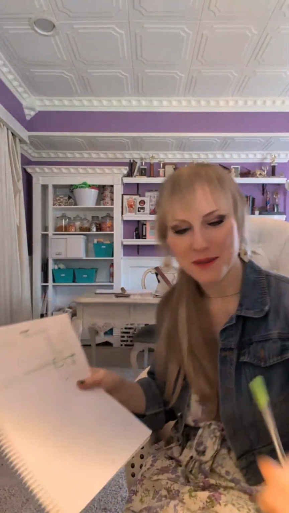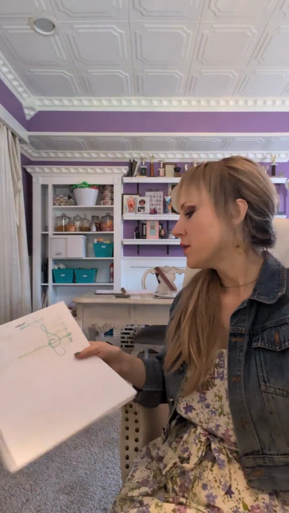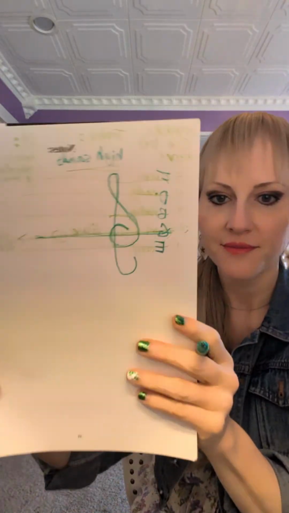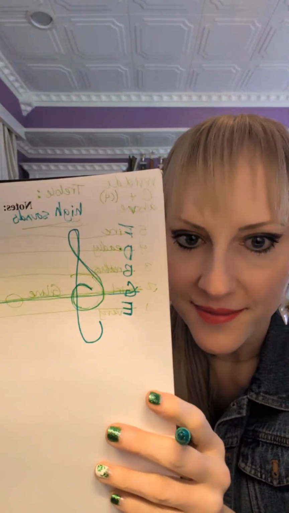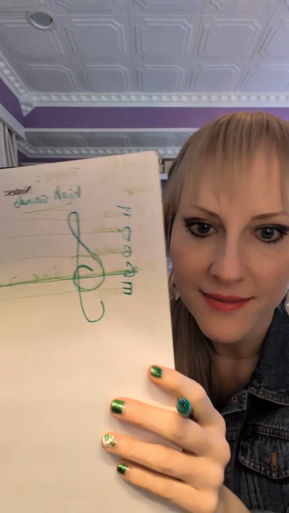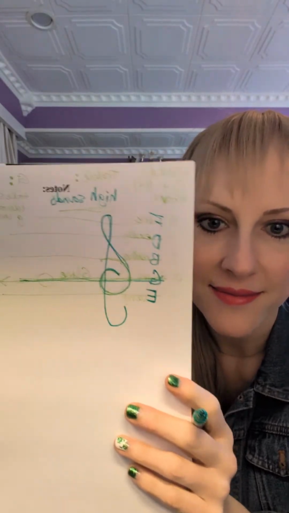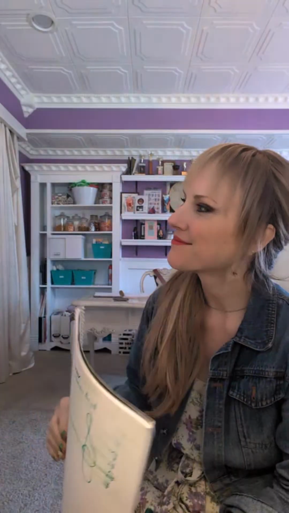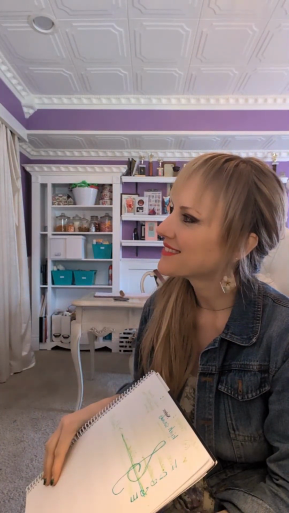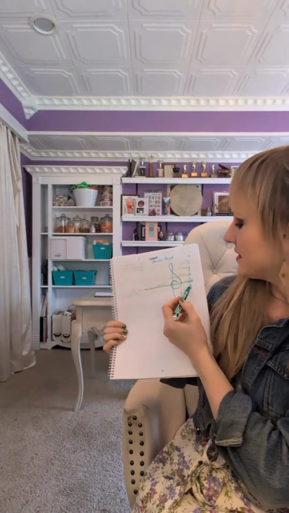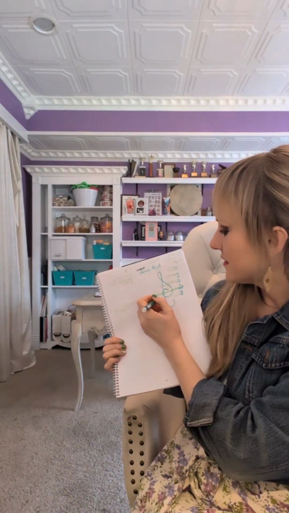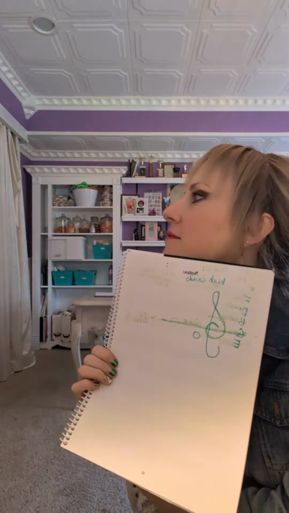A couple times maybe. And so, which E sits on the first line of the treble clef? Which E do you play when you see the note sitting on this first line of the treble clef?